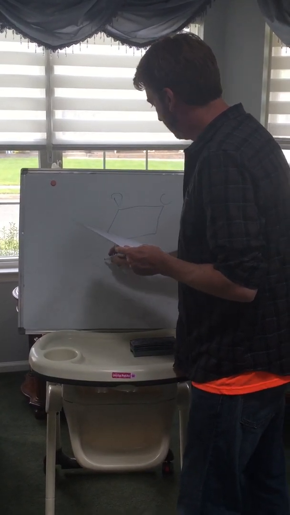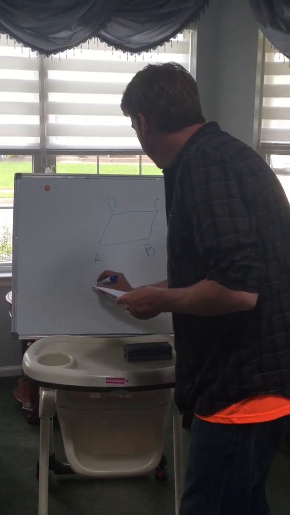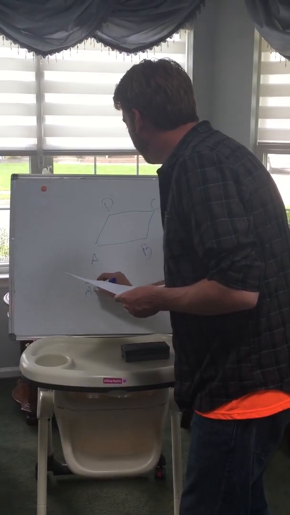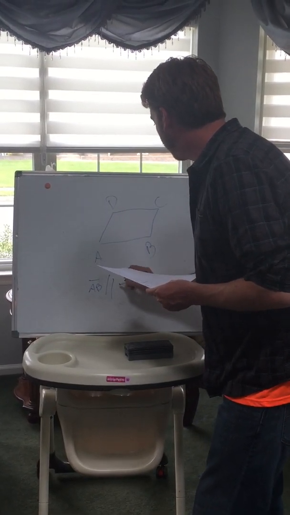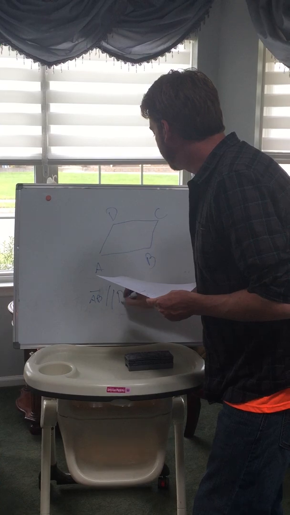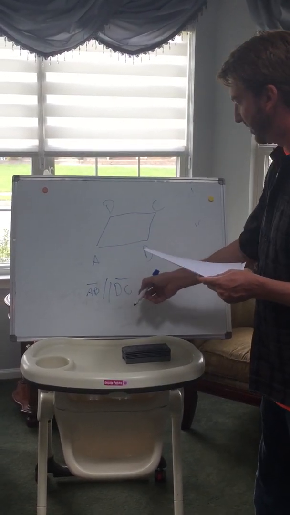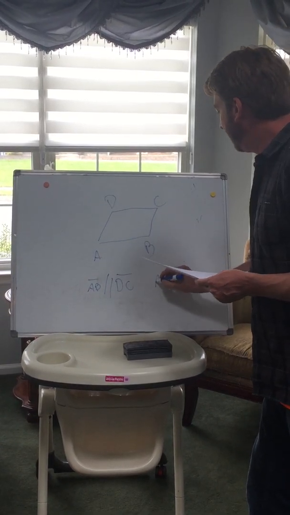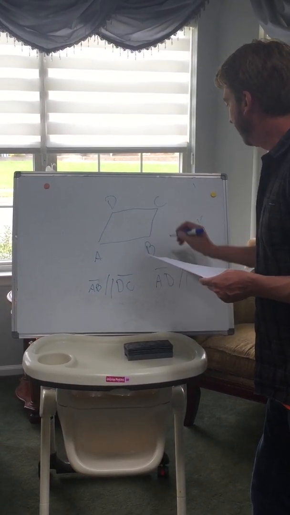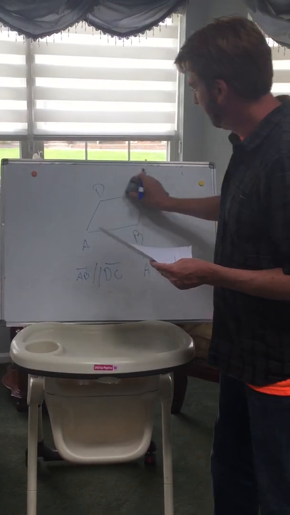D, C, A, B. The real way to write this, we could say line segment AB is parallel to line segment DC. Obviously, you can't do this, so I just wanted to know AB is parallel to DC, and then also AD is parallel to BC. This is the symbol for parallel.